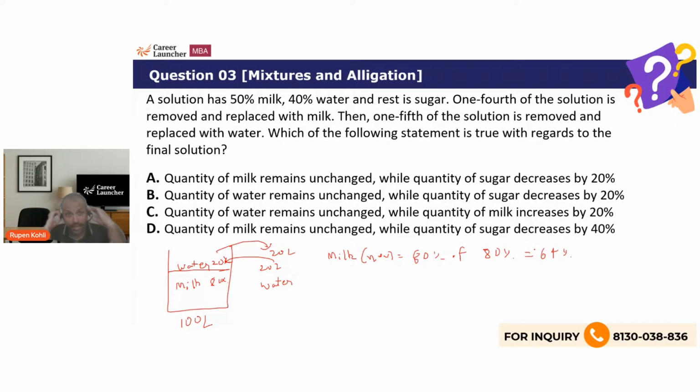That is what is going to happen. And that will give you the respective concentration of the other two constituents by decreasing them. So that is what you have to find, that at each stage, what are the respective concentrations of the three constituents that we have. So first we are putting milk, so the water and sugar concentration will decrease.